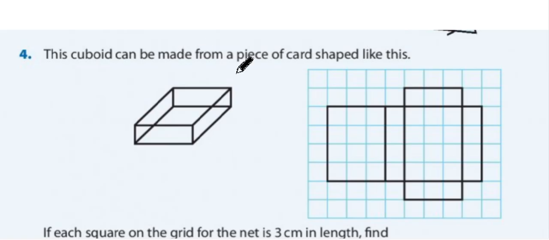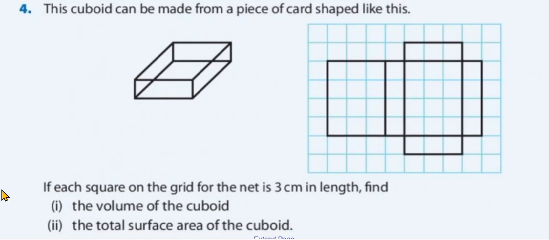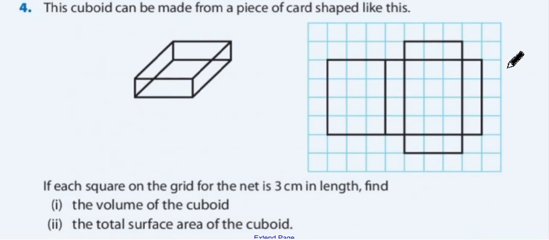A cuboid is made from a piece of cardboard shaped like so. Each square is 3 centimeters. Find the volume of the cuboid. Alright, so this is 3, 3, 3, and 3. So how much is 4 of them worth? 12, okay, we'll take that. So that's 12. How much is 3 of them worth? 9. And how much is 1 of them worth?